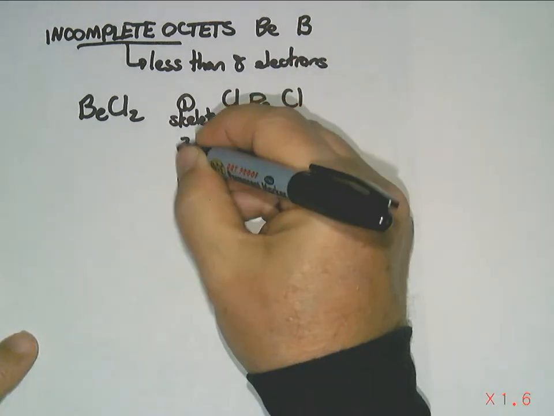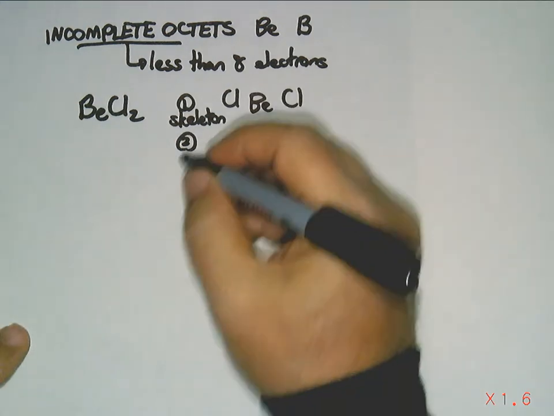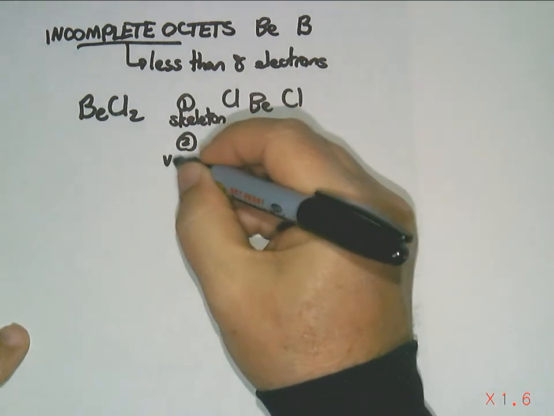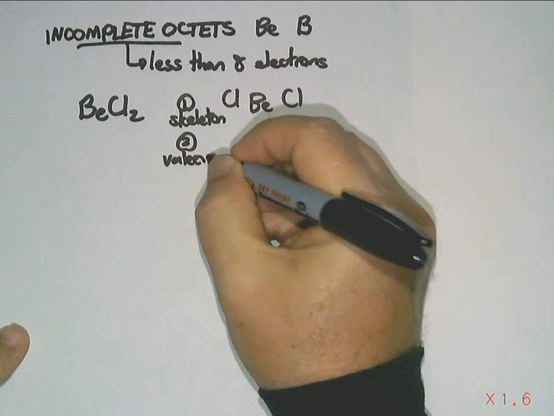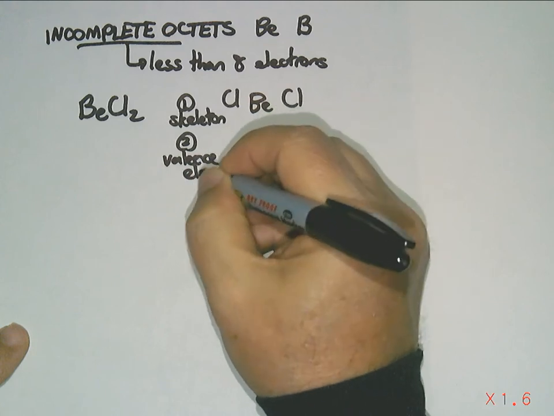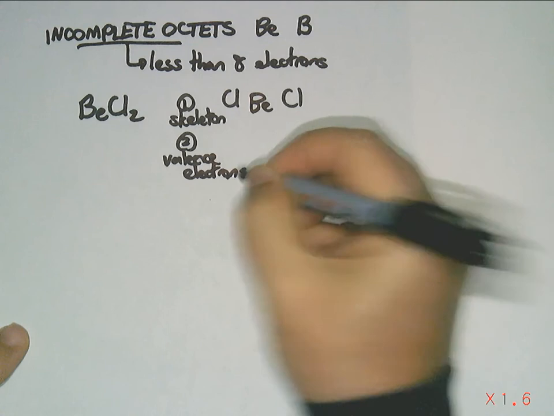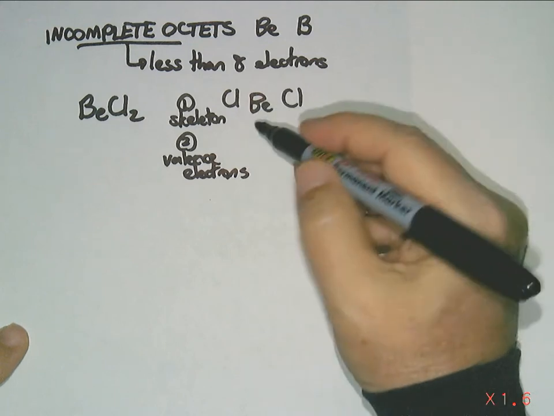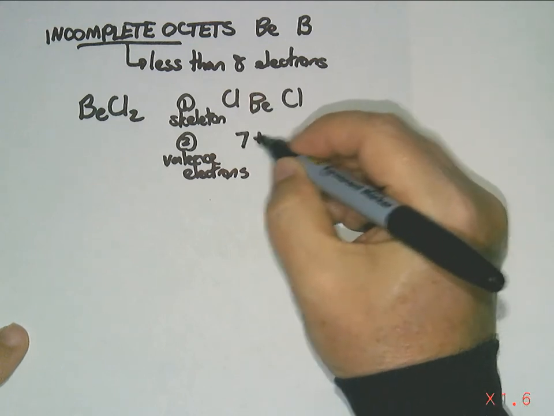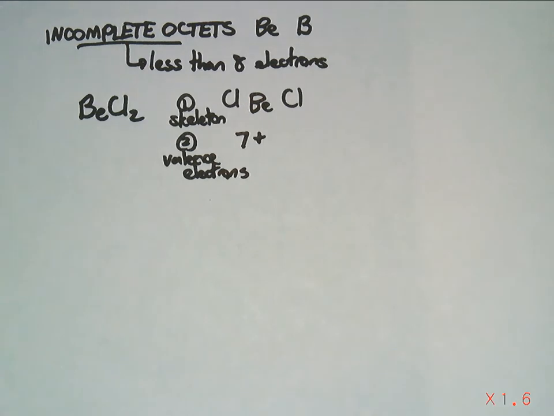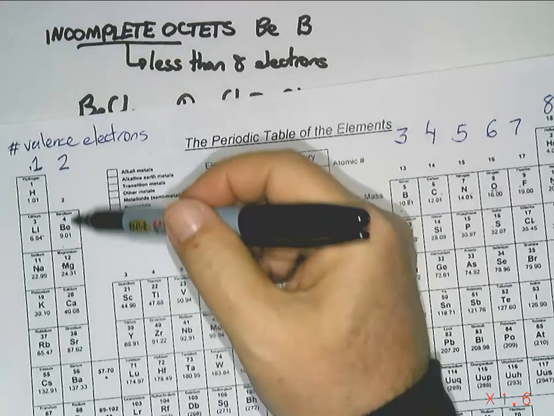Step 2, count the valence electrons. Well, let's see. Chlorine has got 7 from the periodic table. And what does beryllium have? Beryllium has 2.